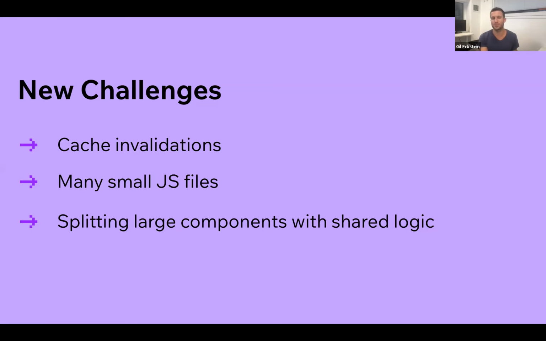So now we have a lot of small JavaScript files. If you have a lot of small JavaScript files, there is a trade-off in how much you want to split, because each JavaScript file creates the overhead of a request, and also the compression is not good enough. So now you end up with a different problem.